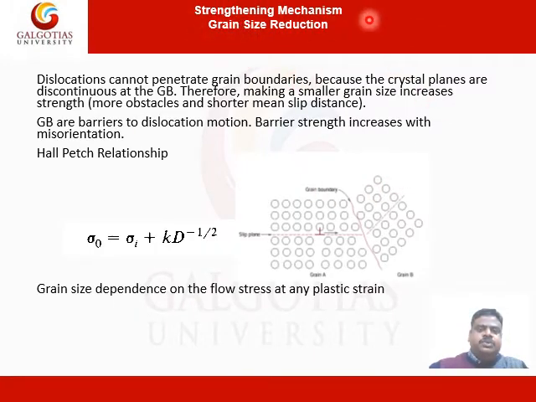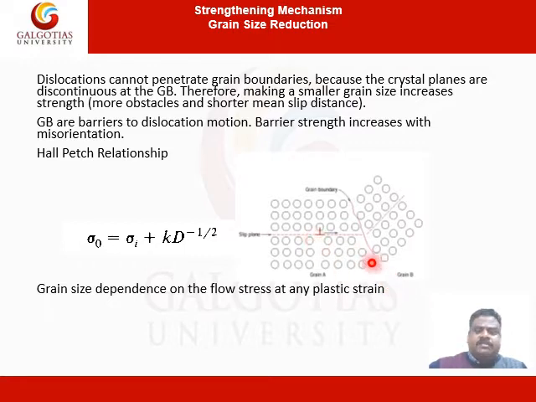The other method to increase the strength of a material is to reduce the grain size. Grain boundaries act as a barrier for dislocations, because dislocations cannot penetrate through grain boundaries, since the crystal planes are discontinuous at grain boundaries.